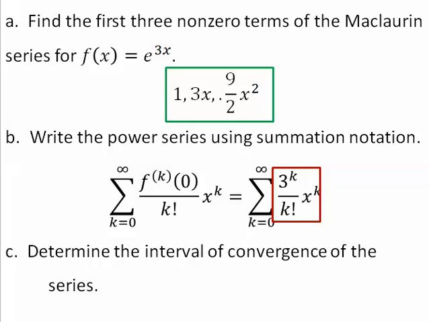Hold on, let me fix this. Okay, that looks better. I had a little typo and I just fixed it. All right, so my next step is going to determine the interval of convergence. So let's go ahead and find that interval of convergence.